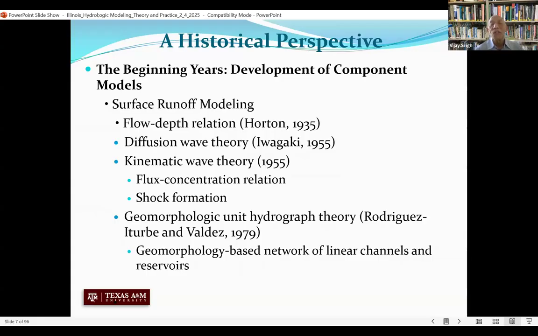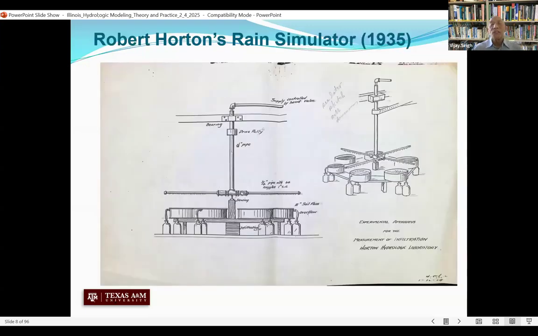Basically, it uses the same unit hydrograph theory, except that it couples with a simple framework of representing a watershed through a network of linear channels and overland flow planes based on the geomorphologic principle.